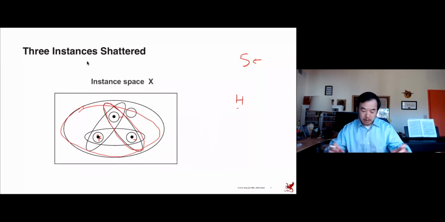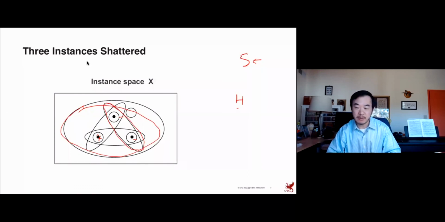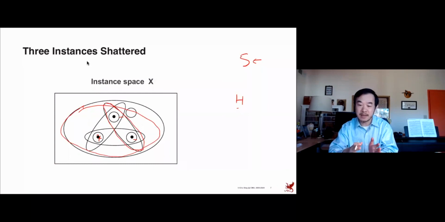I want you to try your experiment. There are 8 possible ways of labeling these 3 points. You just label all of them. You draw 8 graphs, putting in all your possible ways of labeling. And I want you to convince yourself that by positioning different ellipsoids, you can have a clean separation with no mistake, where one label is inside the ellipsoid and the other label is outside of it.